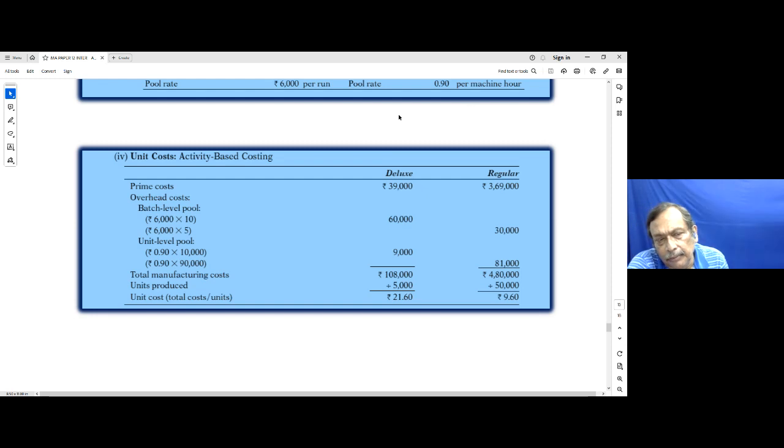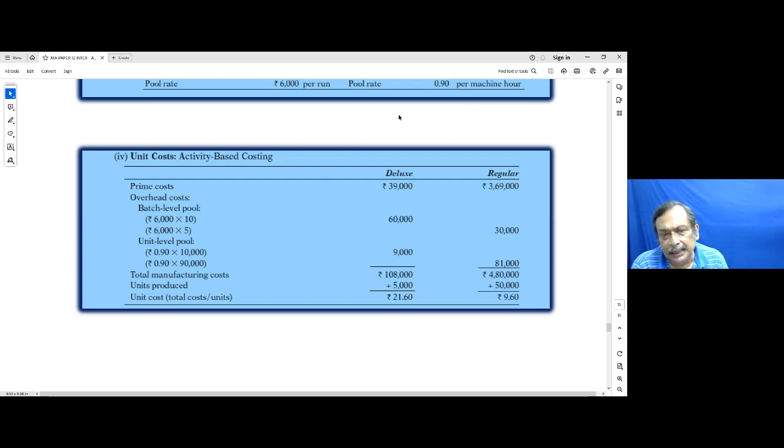Then unit level pool, we have already calculated the rates, 0.90 into 10,000, that is 9,000, and 0.90 into 90,000, it comes to 81,000. So total manufacturing cost comes to 1,08,000 and 4,80,000, and units produced 5,000 and 50,000.